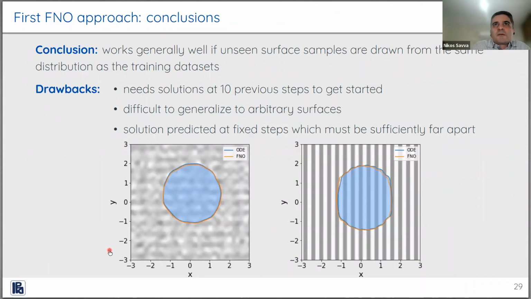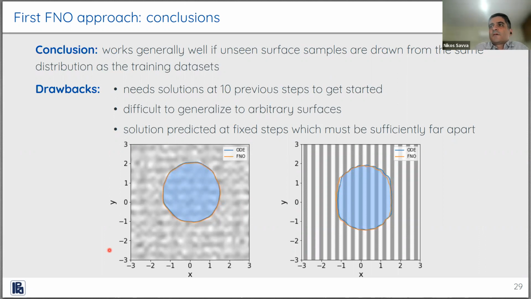The conclusion with this first approach is that it works generally well, provided that the unseen surface samples are drawn from the same distribution as the training datasets. One of the key drawbacks is that it needs solutions at 10 previous time steps to get started, which means that you need to perform about a 10th of the simulation before you can use this.